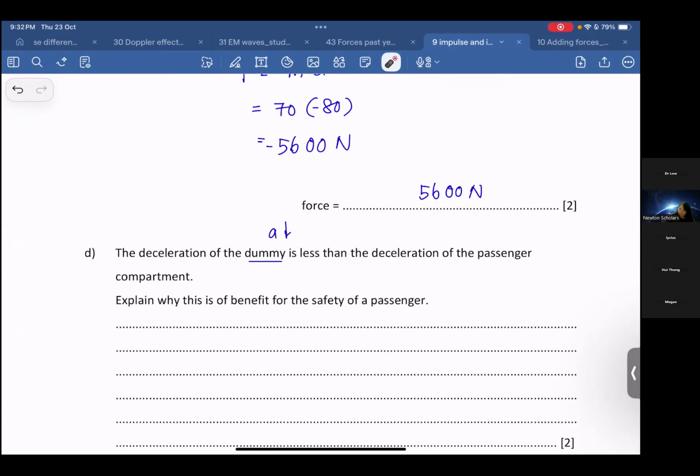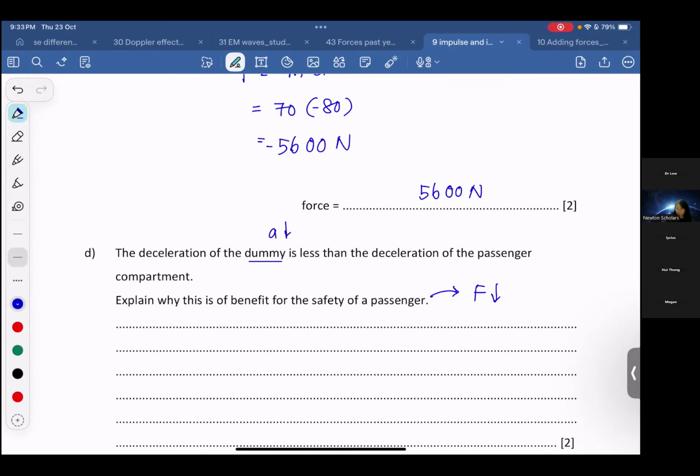If your deceleration is less, what is the benefit to the passenger, to us? Ask yourself, how do you protect yourself? Because this is talking about safety. You are trying to reduce your force, am I right? The impulsive force acting on you. So we are trying to reduce impulsive force.